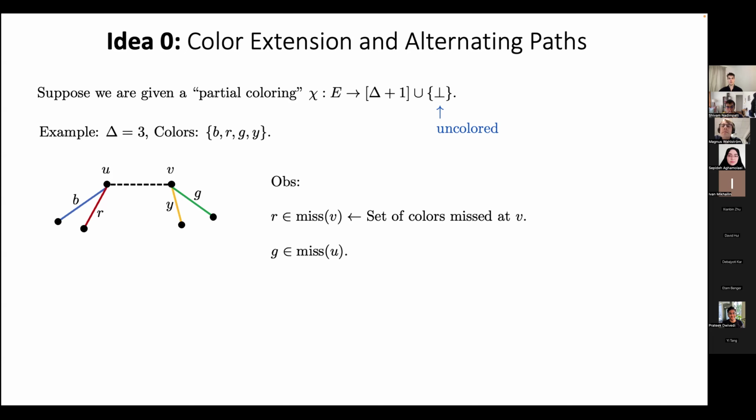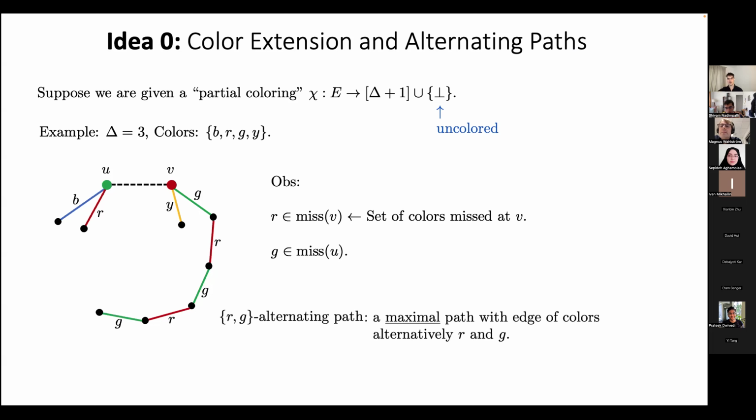What we can do is consider the red-green alternating path that comes out of node V. V doesn't have any red edge incident on it, but it has a green edge incident on it. Then we consider the red edge that touches this green edge and so on, and we continue this process until we construct a maximal alternating path that we can't continue.